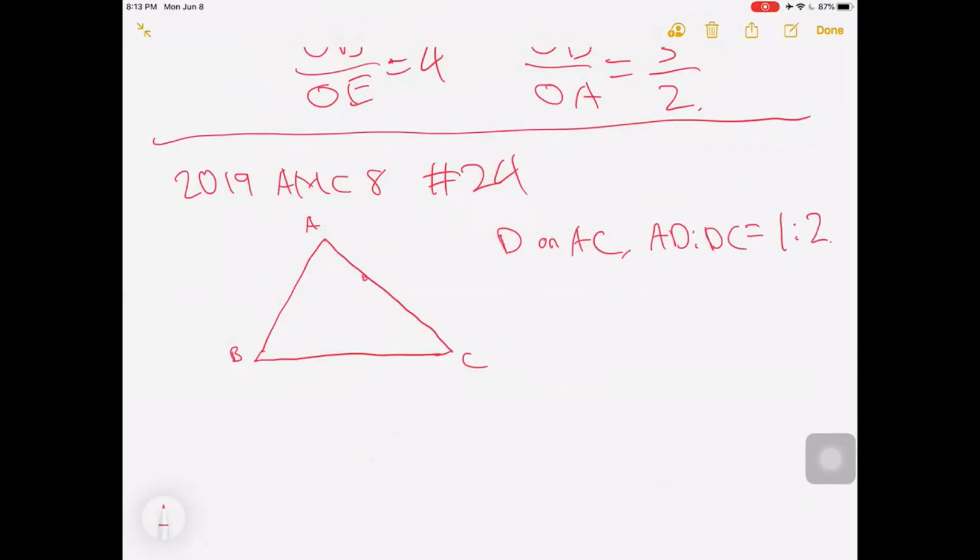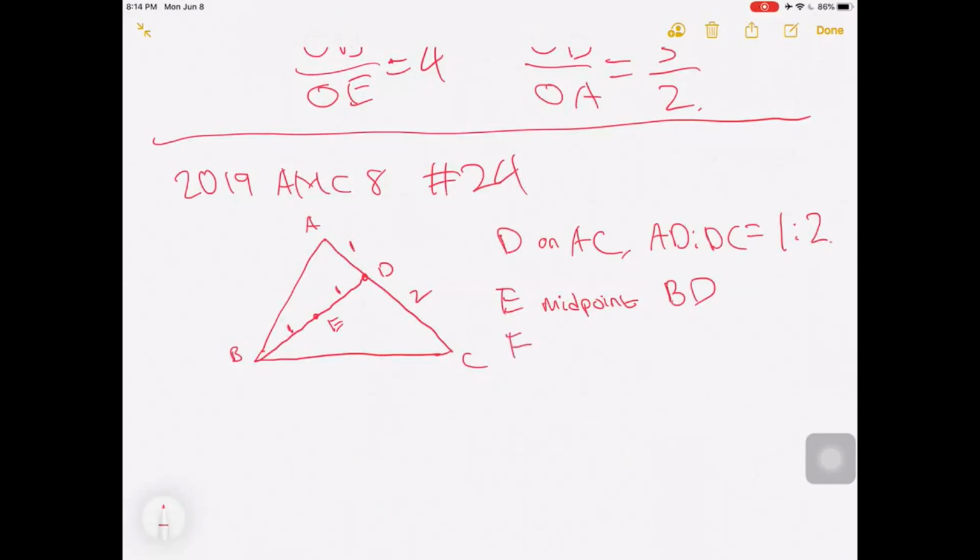So basically D is somewhere here, with AD to DC being 1 to 2. And then it tells you E is the midpoint of BD. So let's draw BD here. And E is going to be our midpoint. So midpoint basically means that the two sides are equal.